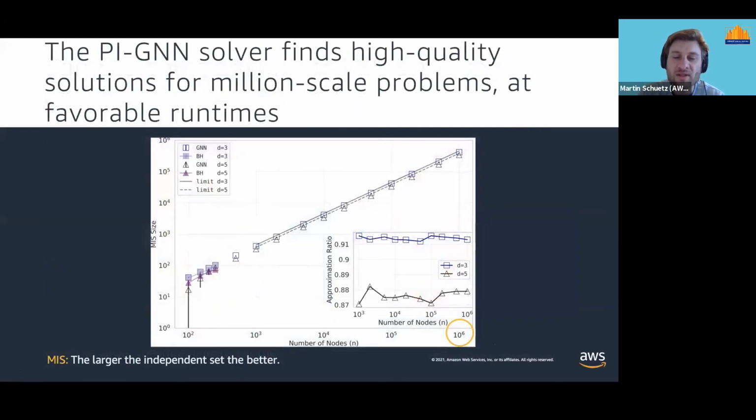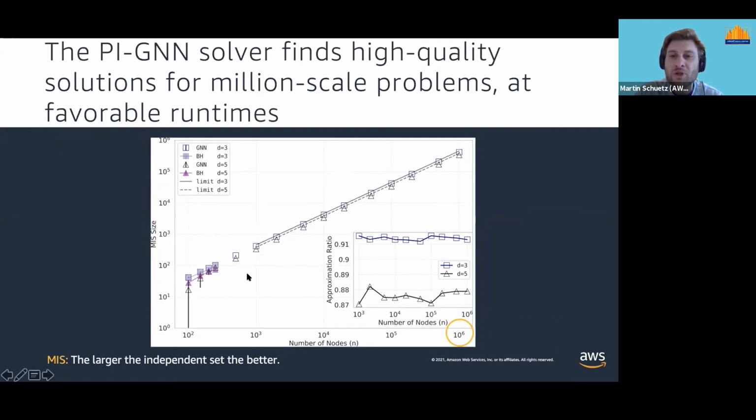We have done this more systematically for a large class of problems. So this is the maximum independent set size as a function of the graph size, the number of nodes. What we find is that for small graphs with hundreds to thousands of variables, we perform on par or even better than traditional solvers, so existing algorithms that don't leverage graph neural networks.